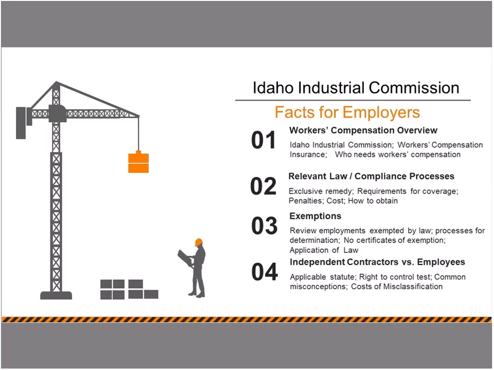We'll also talk about the requirements for obtaining coverage, penalties if you are non-compliant, and the cost and how to obtain it. Then we'll move over to Section 3, which will talk about the exemptions. We'll review the different types of employments that are considered exempt by the law, and then the processes for determining those exemptions, the certificates of exemption, and then the application of the law. And then we'll wrap up with Section 4, which will talk about independent contractors versus employees. We'll talk about the applicable statute, the right to control test, some common misconceptions, and some cost of misclassifications.